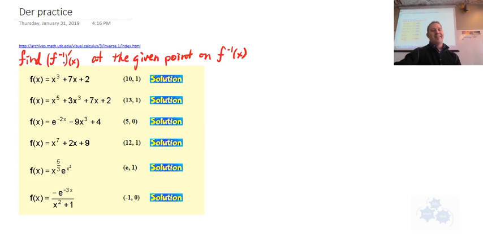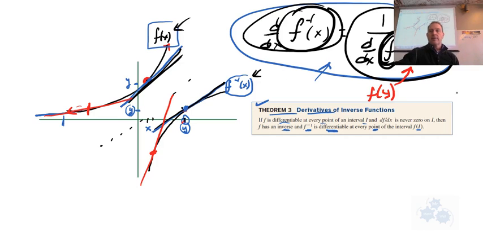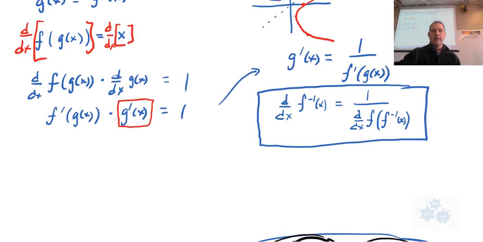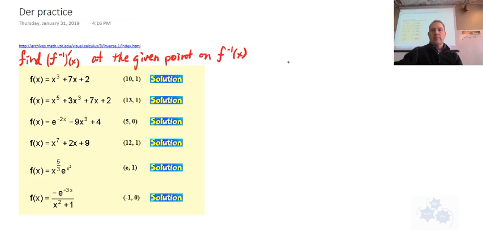All right. With our newfound friend, this little formula, this definition right here, we're going to be able to find the derivative of the inverse function. The big thing we have to do is find the derivative of the original function. If we're given f of x, we find the derivative of f of x first. So let's go back to the other page. Some steps.